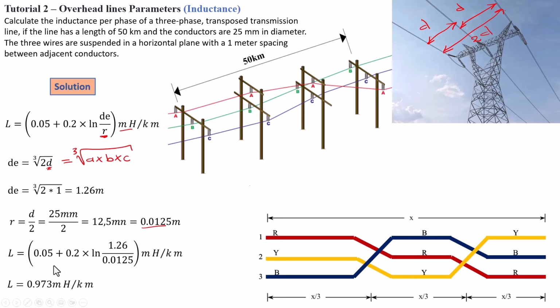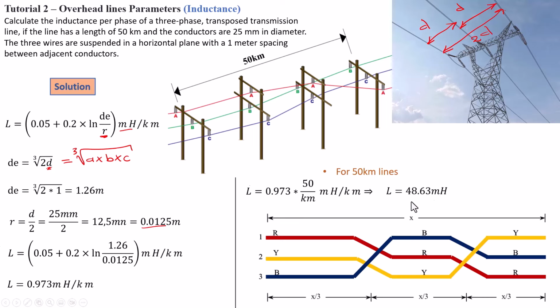So now, if your line is going to run for 50 kilometers, all you have to do is to basically multiply the calculated inductance times 50 kilometers, right? So that would basically be L is equal to 0.973 millihenry per kilometer times 50 kilometers. Now these will basically cancel the kilometers here, and you're going to have a final inductance value of 48.63 millihenry for these line parameters here.